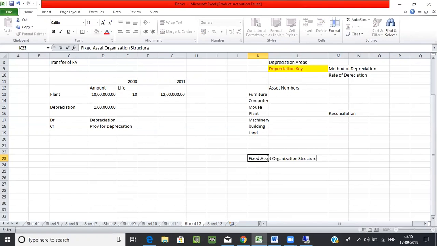Okay, let's assume that an asset has depreciated for 3 months, out of 1 year. So we have 9 months left. In the 9 months left, they said they would like to configure another depreciation key.